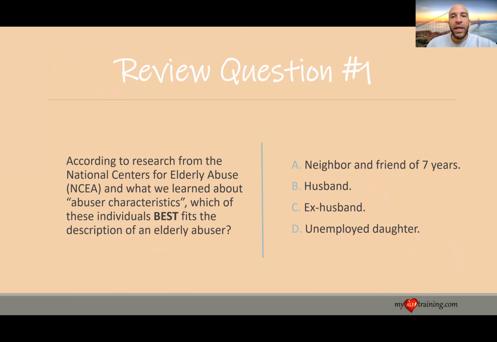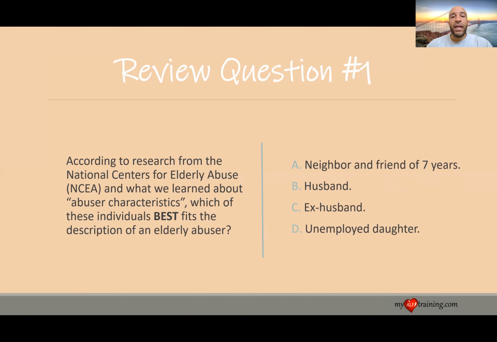And that's it for our presentation today, guys. We just have a few review questions. This is our first one of two here. According to research from the National Centers for Elderly Abuse and what we learned about abuser characteristics, which of these individuals best fits the description of an elderly abuser?